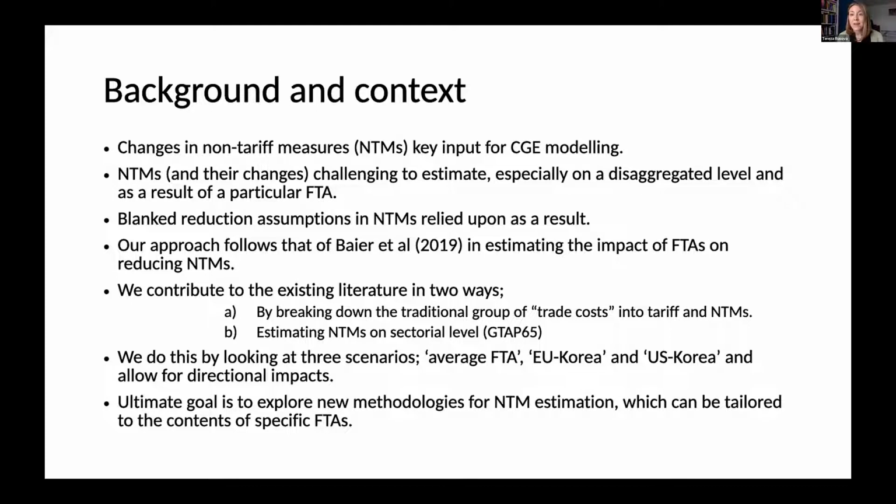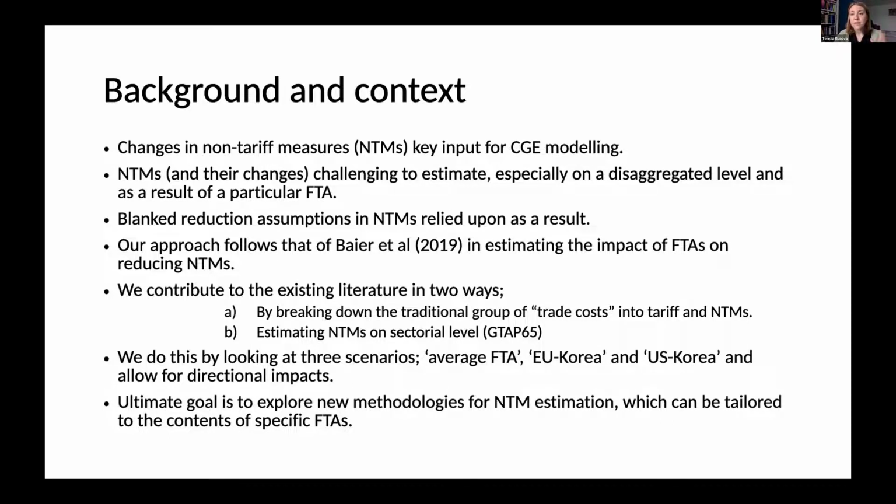And this is also in contrast to other inputs, such as tariffs, which are readily available for modeling. As a result, a lot of CGE models have to rely on blanket reduction assumptions. So this is to say that you will see similar reductions or the same reductions across different sectors. So for example, assuming a blanket agriculture reduction across all agriculture services, which is unlikely to hold in practice.